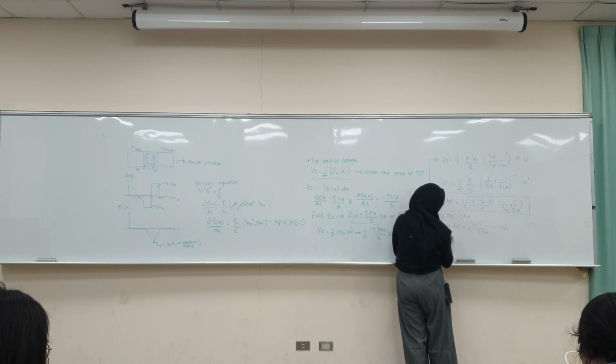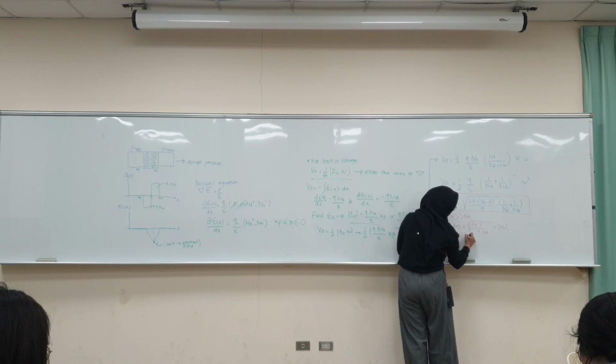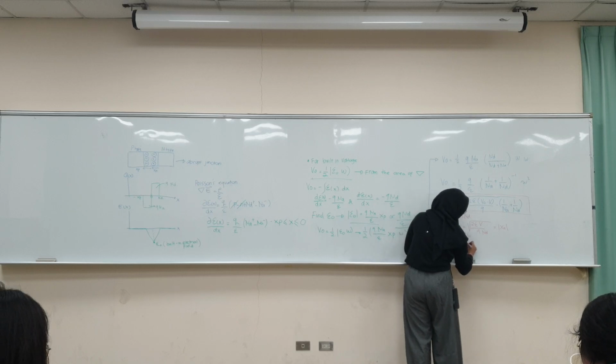And then if NB is way bigger than NA, the depletion region will be this.